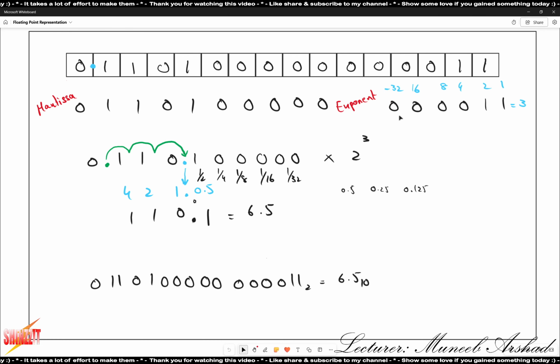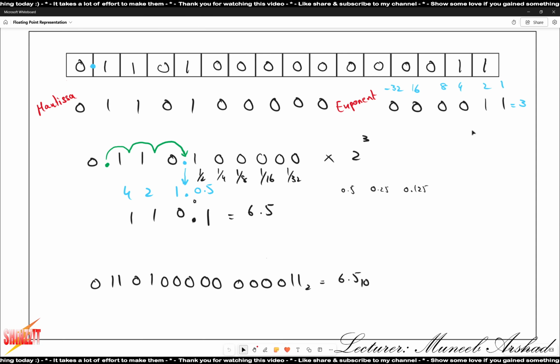The most significant bit which is on the leftmost. तो वो क्या है? वो जीरो है. दैट मीन्स आवर एक्सपोनेंट इज सपोज टू बी पॉजिटिव.